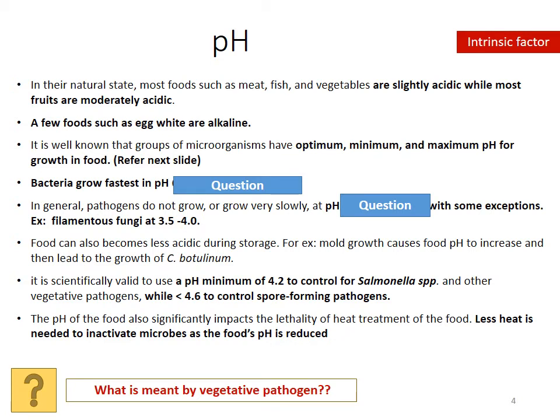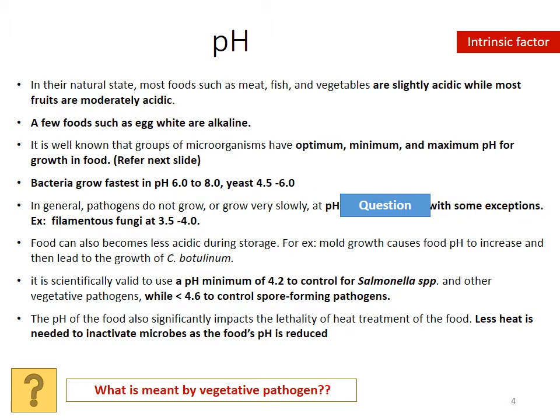Now, microorganisms have optimum, minimum and maximum pH for them to grow in food. In the next slide, a list of microorganisms with their favorable pH for growth and also minimum and maximum pH is given.